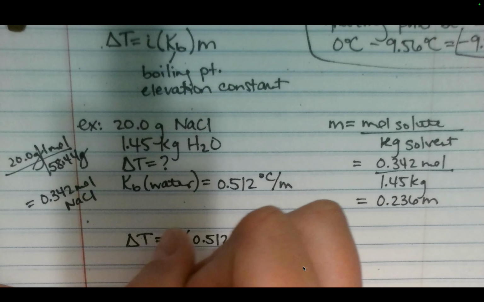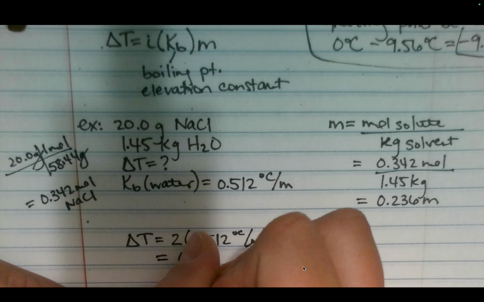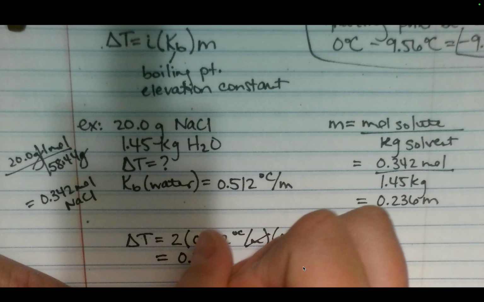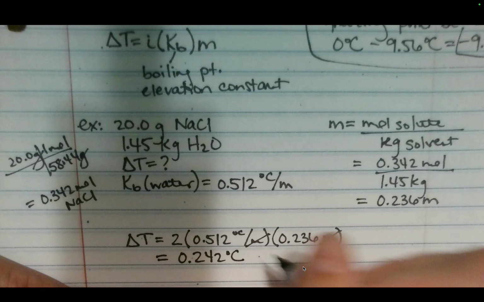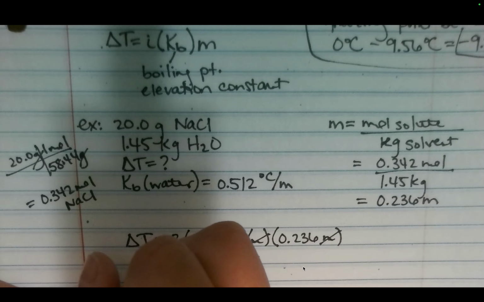Variables will cancel. We'll be left with degrees Celsius. That's good. 0.242 degrees Celsius. That's how much I will raise the boiling point of 1.45 kilograms of water if I add 20 grams of salt.